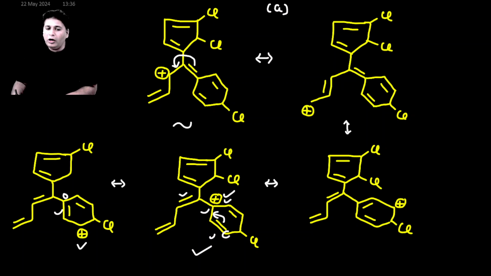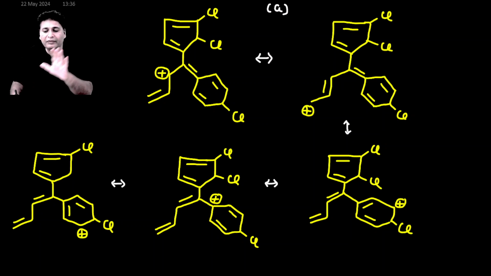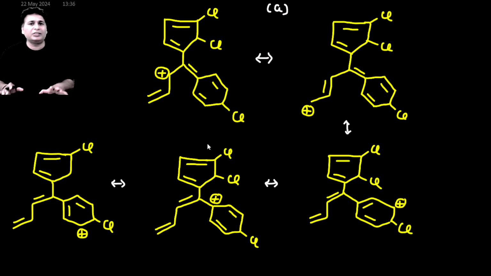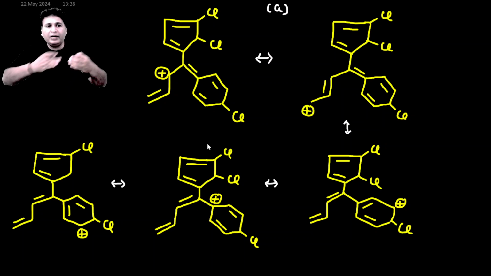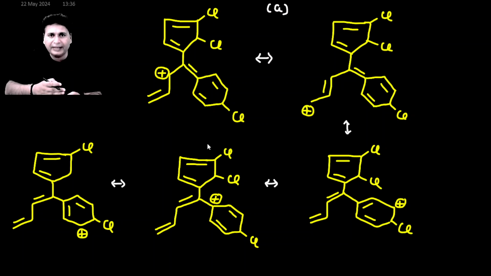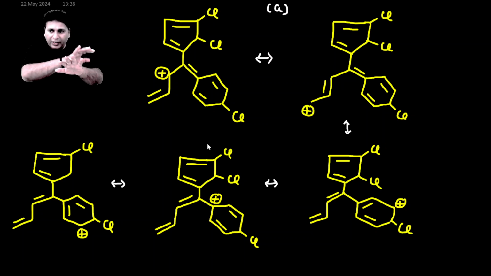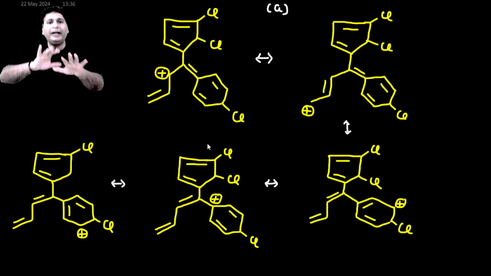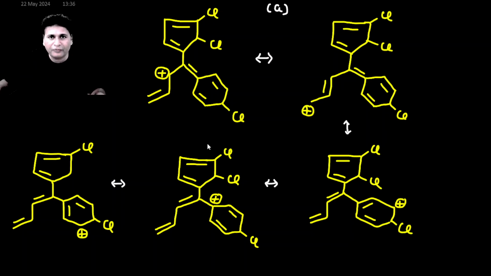So altogether what you have seen is there are 5 structures possible. So I have drawn all the 5 structures, and what does it reveal? It reveals that the plus charge is not localized. The moment you have created this carbocation, the plus was spread, and spreading or delocalization of charge brings stability to the system.